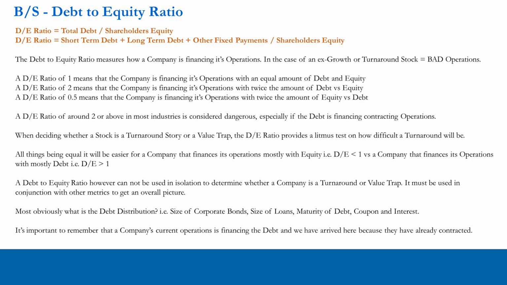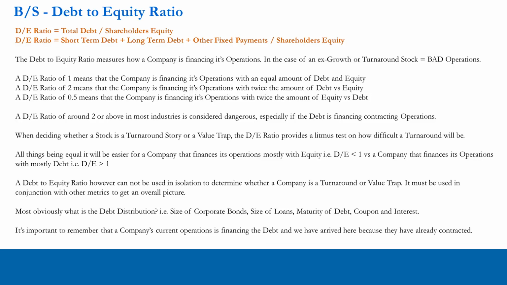So a debt to equity ratio of 1 means that the company is financing its operations with an equal amount of debt and equity. A debt to equity ratio of 2 means that the company is financing its operations with twice the amount of debt versus equity.